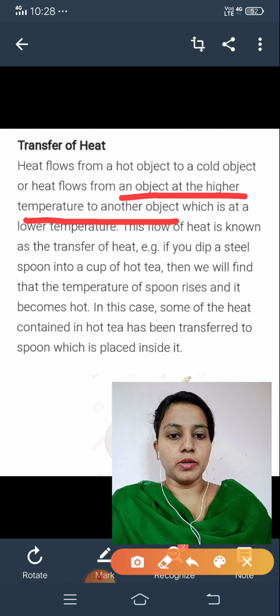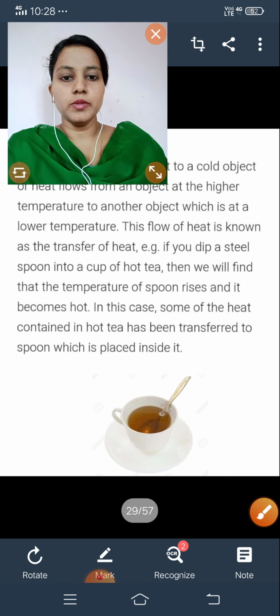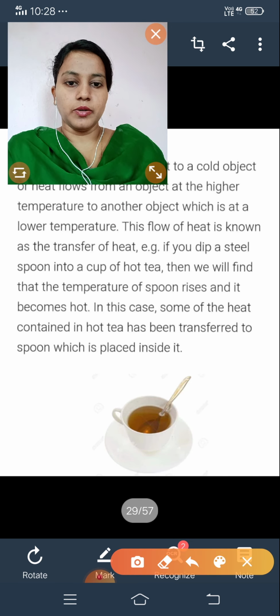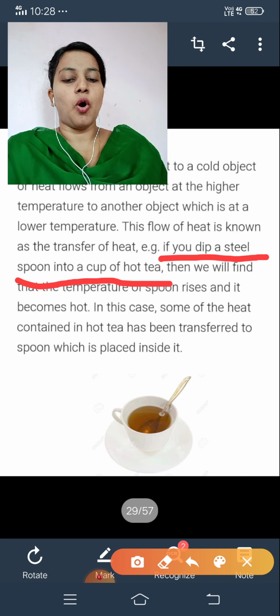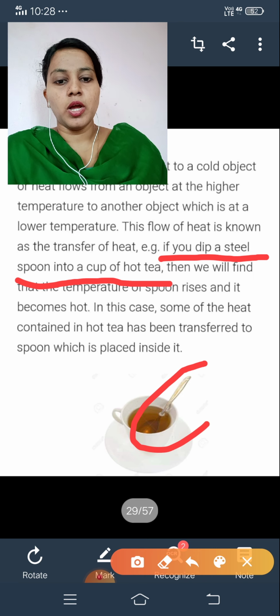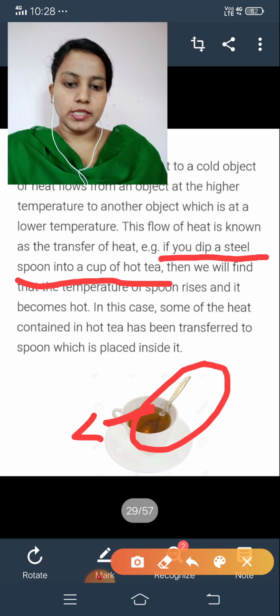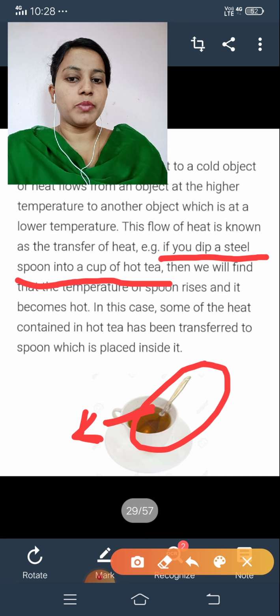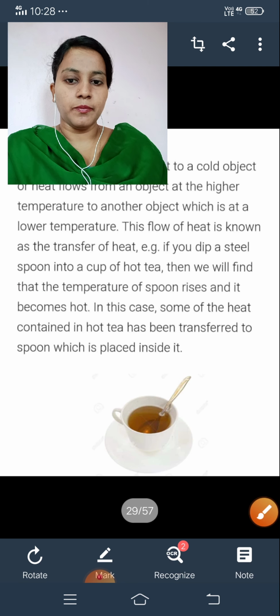For example, if you dip a steel spoon into a cup of hot tea, then what will you find?